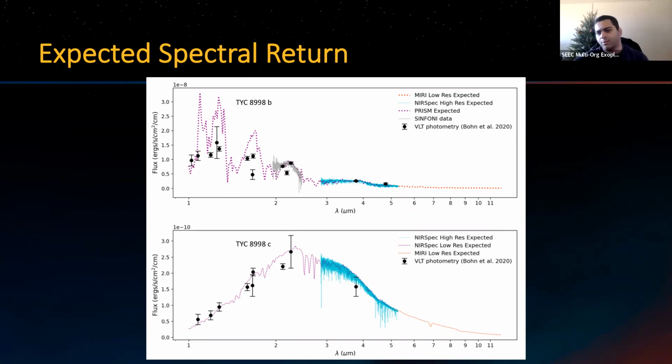I think I see William. Do you want to go ahead and unmute and ask that question? I can also read it. I can go ahead and read off the question then. So it says, have you tried fitting a model plus black body, like a circumplanetary disk, to the c planet to fit the red VLT photometry? I have not tried that yet.